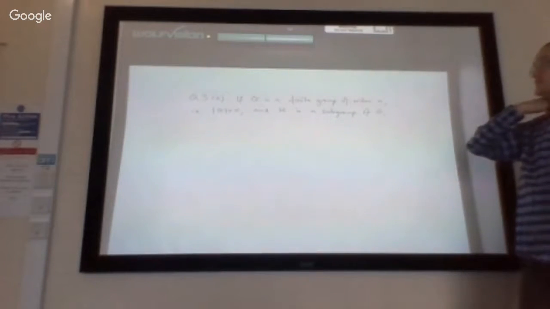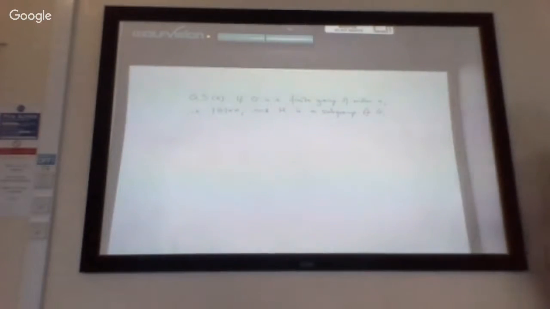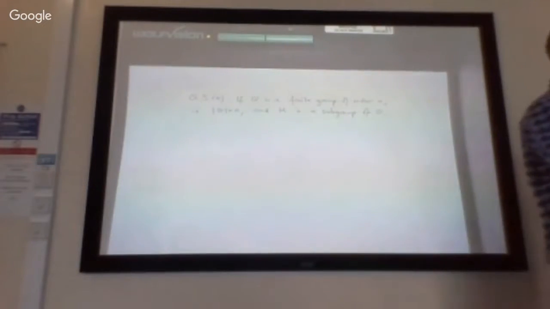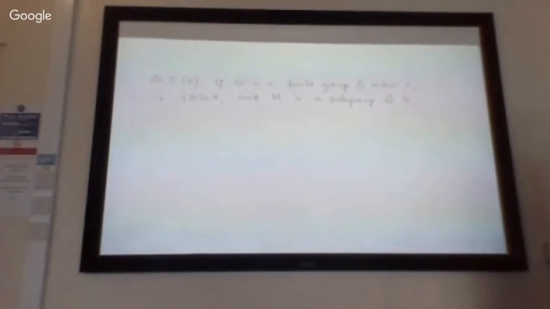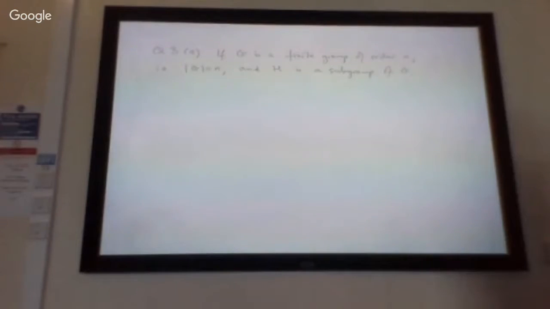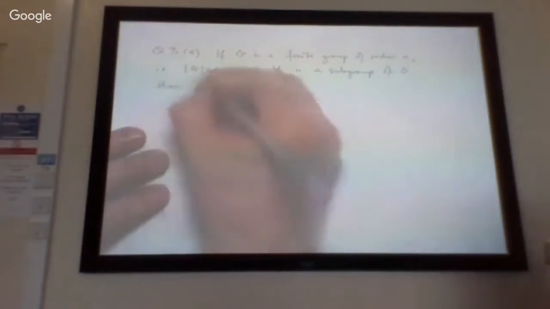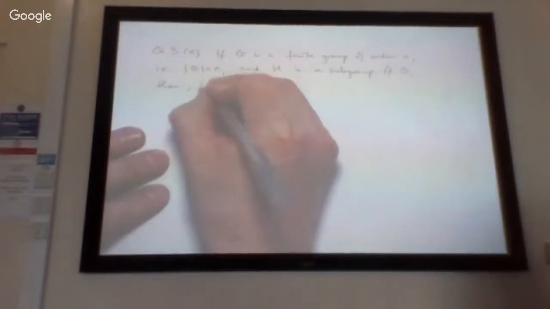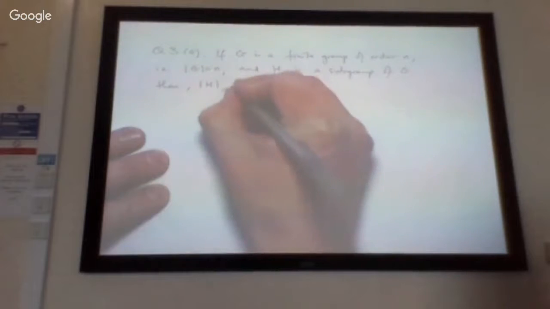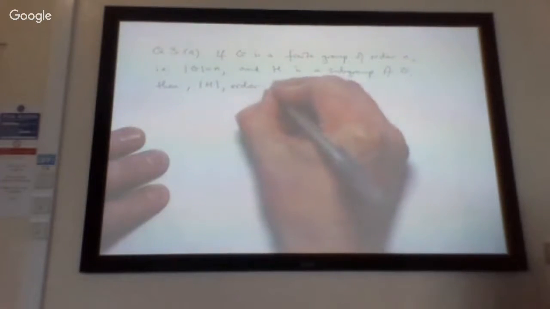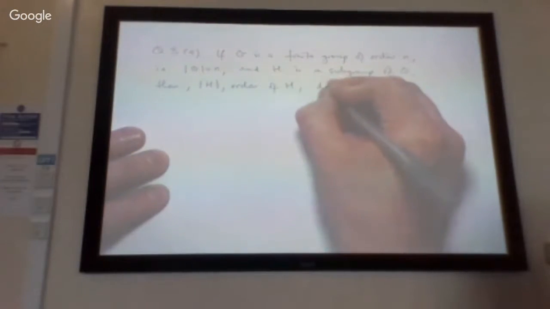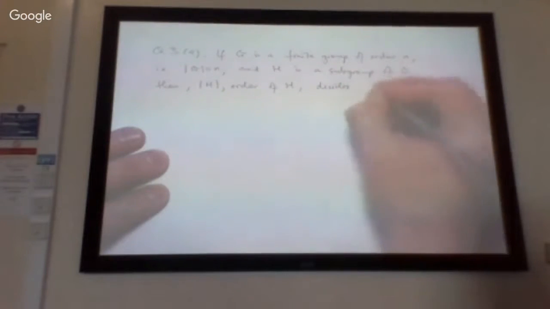If G is a finite set, then any subset of it is going to be finite. And you don't need to justify that any further. And H is a subgroup of G. So now we come to the nub of the matter. Then the order of H divides n.